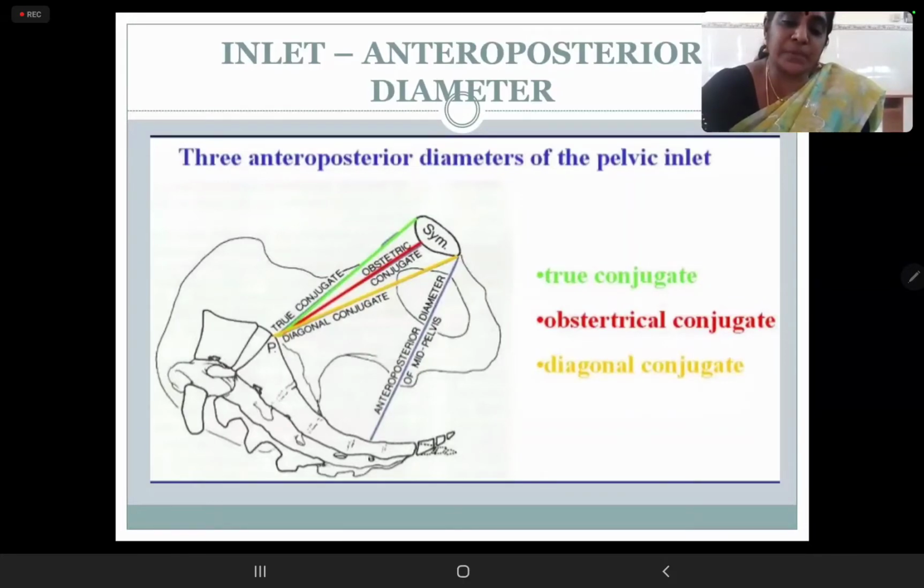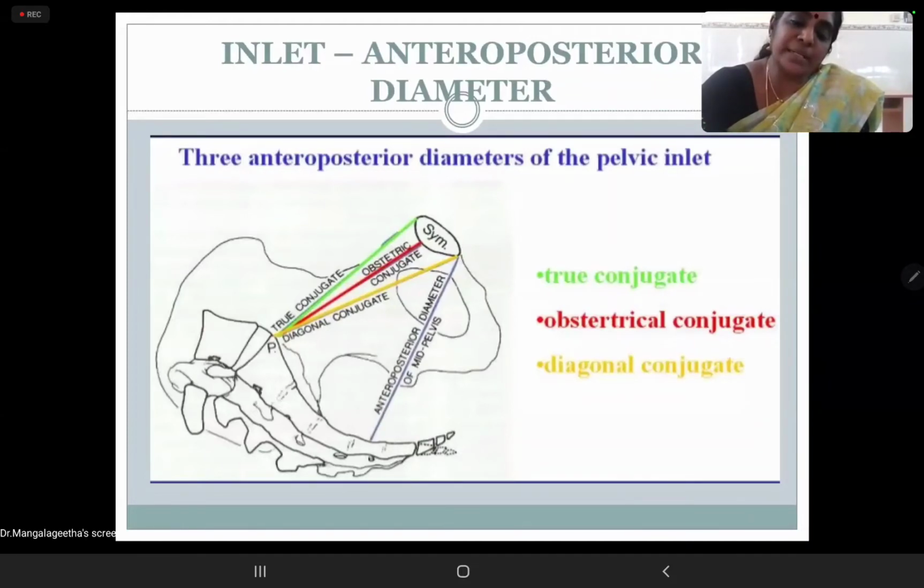The anteroposterior diameter, we usually say the true conjugate, is from the sacral promontory to the upper border of the symphysis pubis. In the conjugates, they may ask you, what are the three conjugates? What's the importance? The obstetric conjugate is the really important conjugate. It is from the sacral promontory to the most prominent point on the posterior surface of the symphysis pubis. But what you can measure clinically is the diagonal conjugate, from the inferior surface of the symphysis pubis to the sacral promontory.